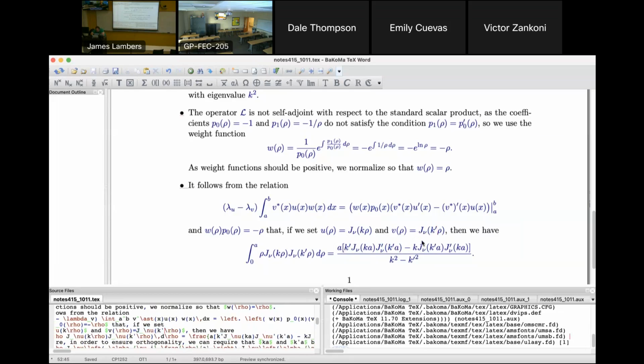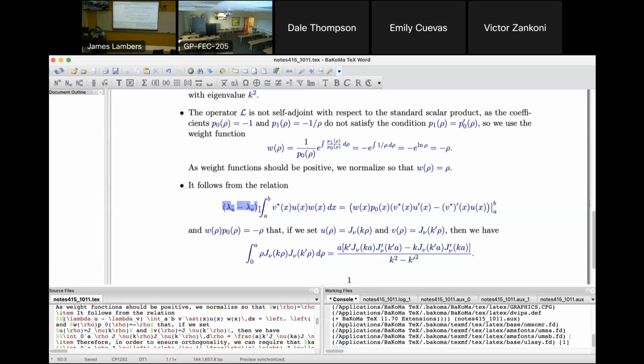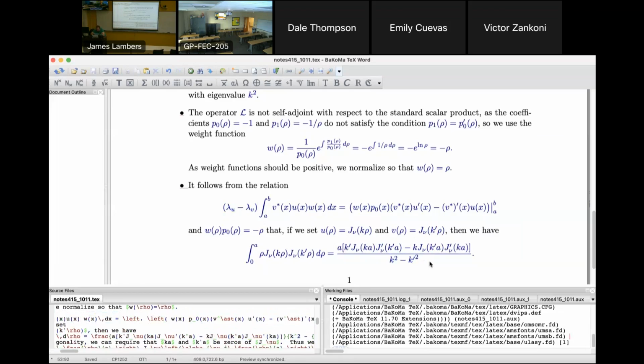And then here we have V with U prime, and everything evaluated at rho equal to a. And then this part, the difference of eigenvalues, we divide by that, it gets moved down here. So by applying this relationship with these particulars, this is what we get for the integral.